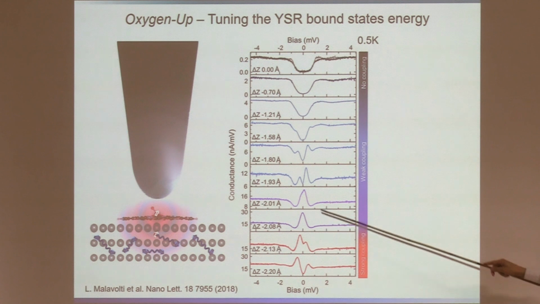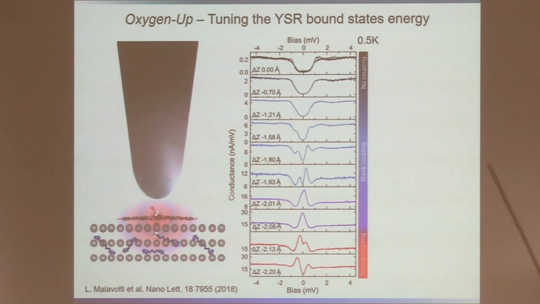And the distance these states have from the gap tells you how strong the interaction is. And this lets us actually see in this full sequence that we can go from negligible or non-measurable coupling to weak coupling and actually go into the strong coupling regime where a Cooper pair breaks and the quasi-particle excitation localizes at the moment.